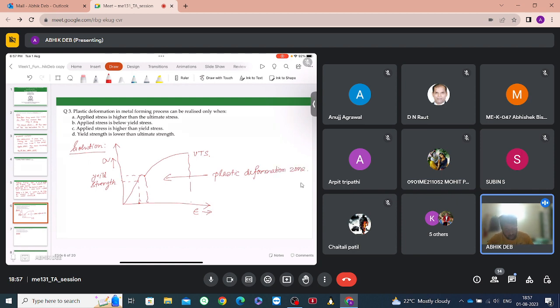So to have this plastic deformation in metals, we have to apply a stress that is beyond this yield strength. The correct option will be option C. I hope it is clear to everybody. If there is any doubt, you can ask.